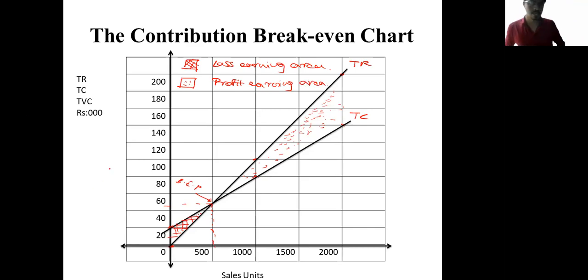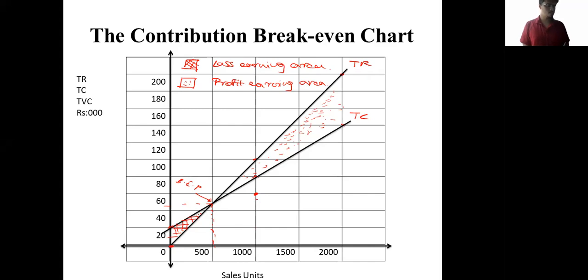Now we need to draft the total variable cost curve. Total variable cost, when no output, may be 0. Then when we are having 1,000 units, it is 60,000.